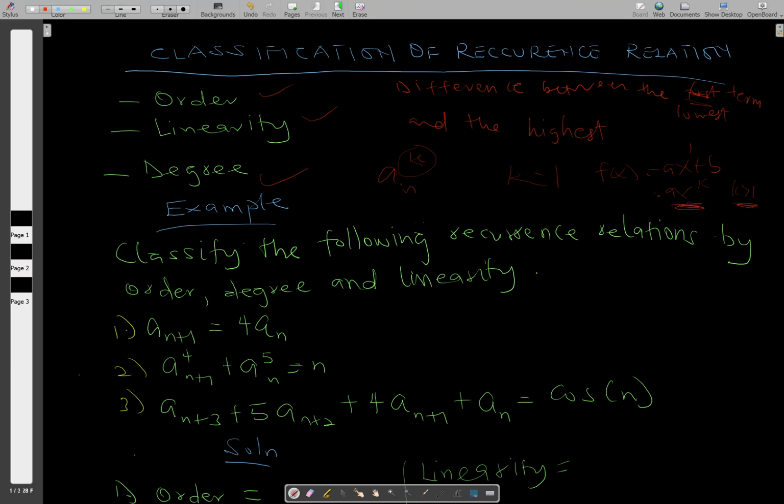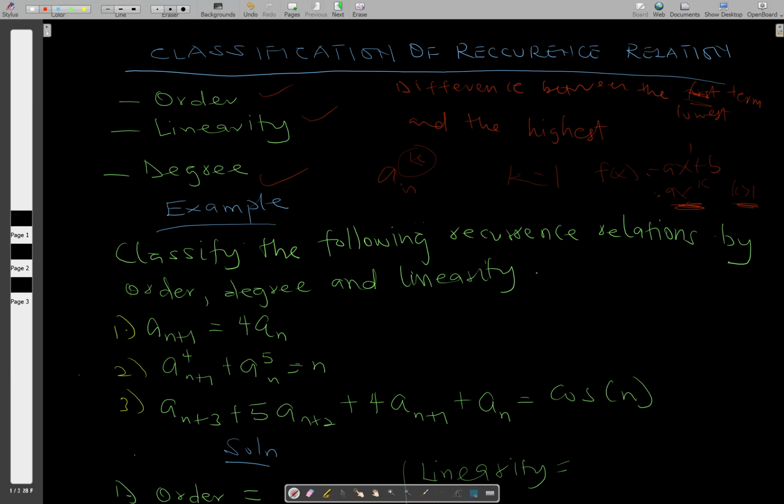Then the degree of any recurrence relation is just the term with the highest index in any given recurrence relation.